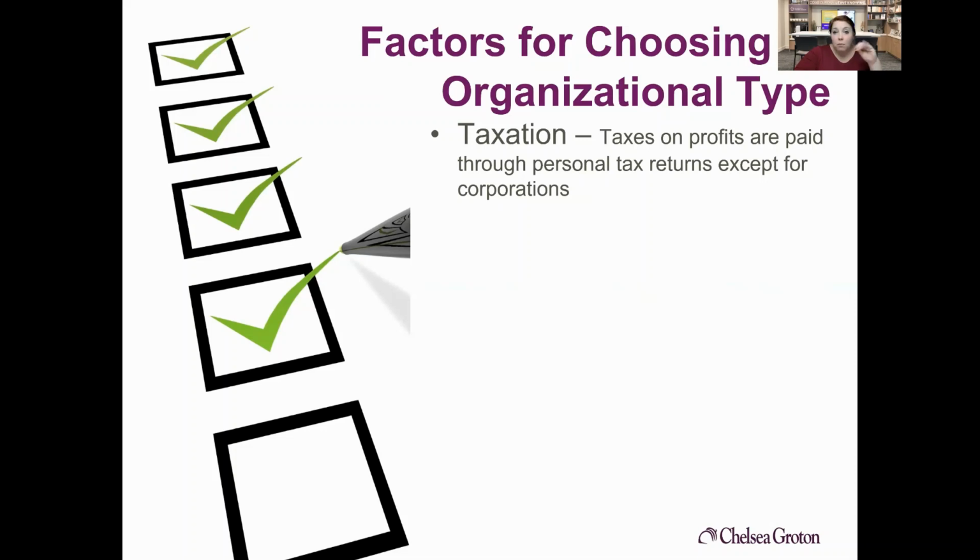And the 4 most common ones, the sole proprietorship, the partnership, the LLC, and the S Corp, the business as an entity does not pay taxes. Profits and losses from the business pass through to the owners and are reflected on the personal tax returns of the owner.